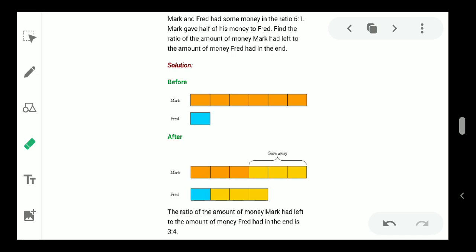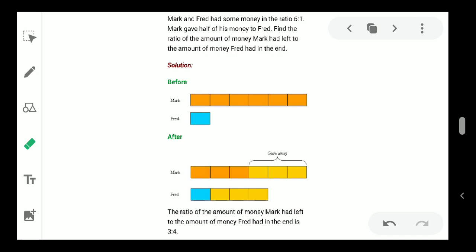A ratio is a comparison, so it shows that if Mark has 6 rupees, then Fred has 1 rupee. In a simple way, Mark has 6 times as much as Fred.